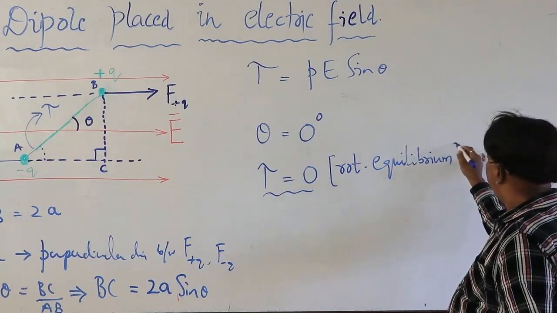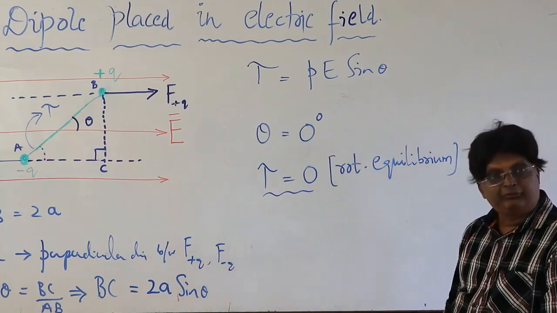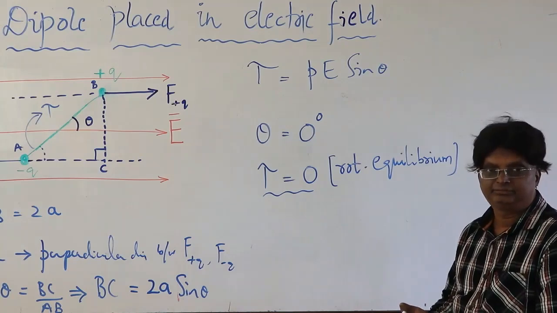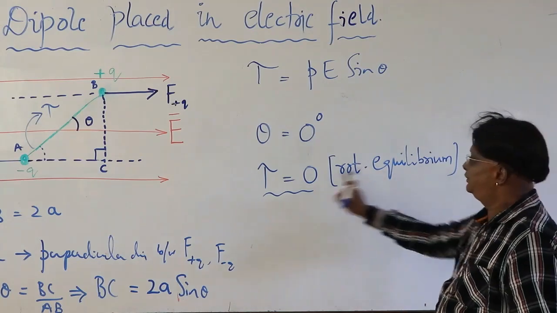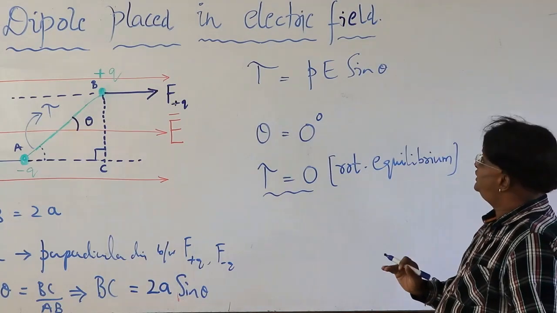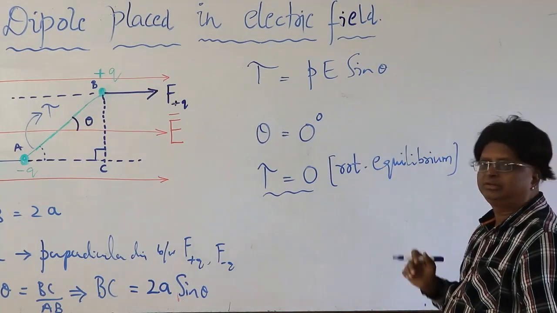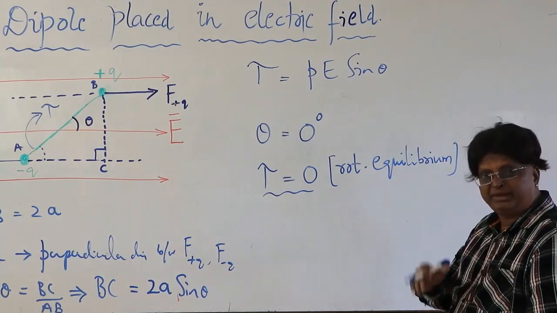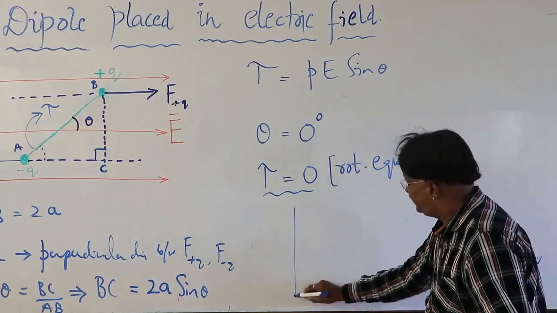Friends, I repeat, these are the different types of equilibrium that we come across in physics. Rotational equilibrium, torque 0. Now the point is, theta equal to 0 degrees. What will be the orientation? How is the dipole placed now? That picture is important.